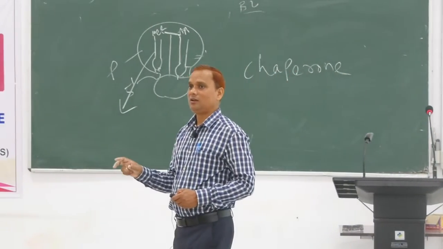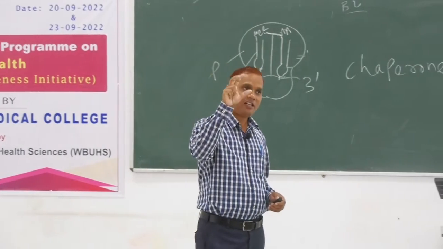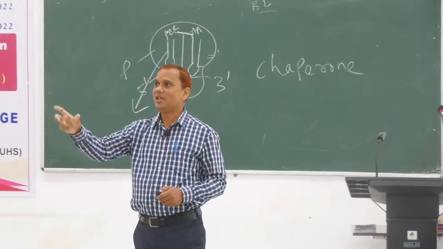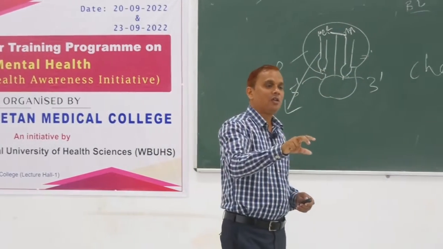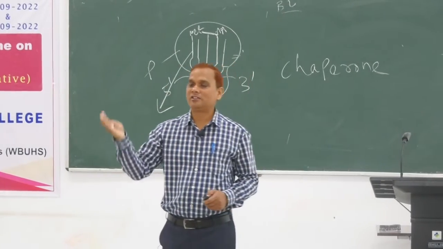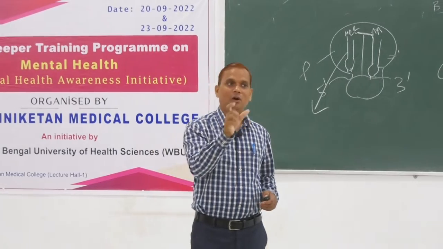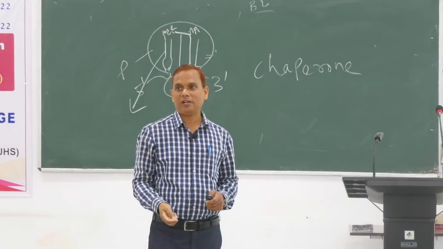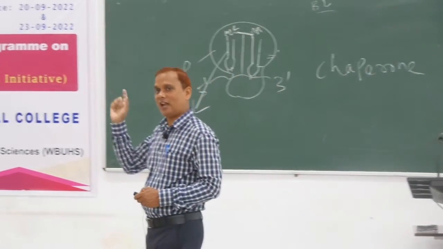Understand? What is proteolytic cleavage or trimming? From an inactive protein, an active protein is formed by polypeptide cleavage, where the two ends are degraded. Example: pre-pro-insulin is inactive.